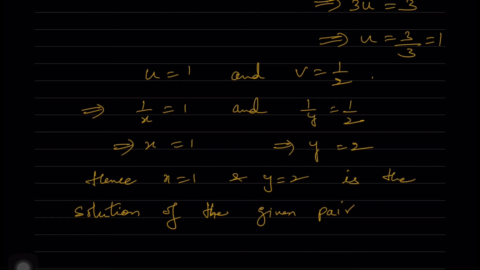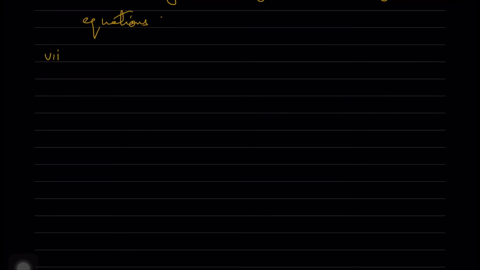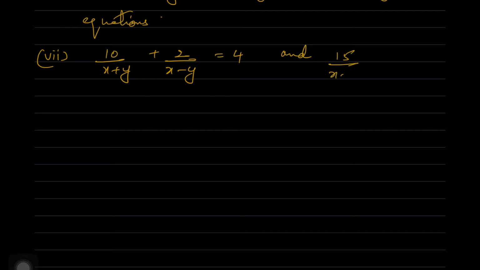Then the seventh one: 10 by x plus y plus 2 by x minus y is equal to 4, and 15 by x plus y minus 5 by x minus y is equal to minus 2. These are the two equations which are given to us.